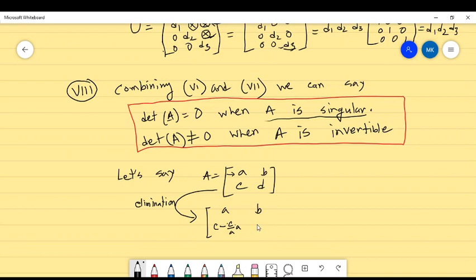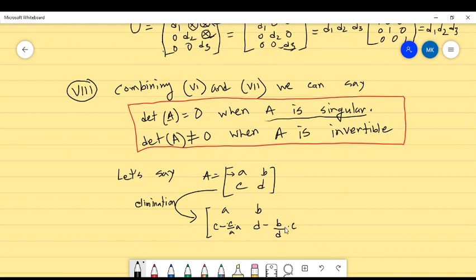and d minus, the first row multiplied by c by a. Is it really the case?